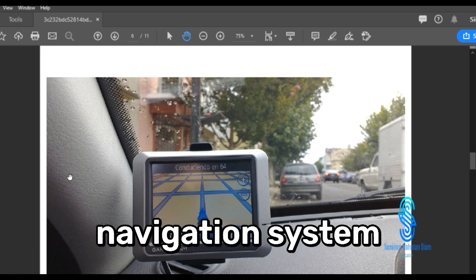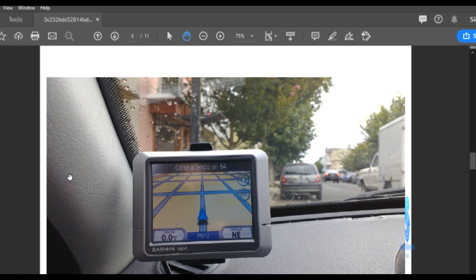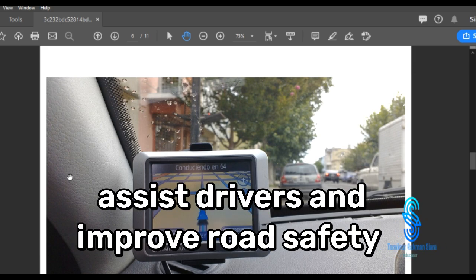Why do we use this type of navigation system? For enhancing driver safety, utilizing various technologies and features to assist drivers and to improve road safety, we are using navigation systems.